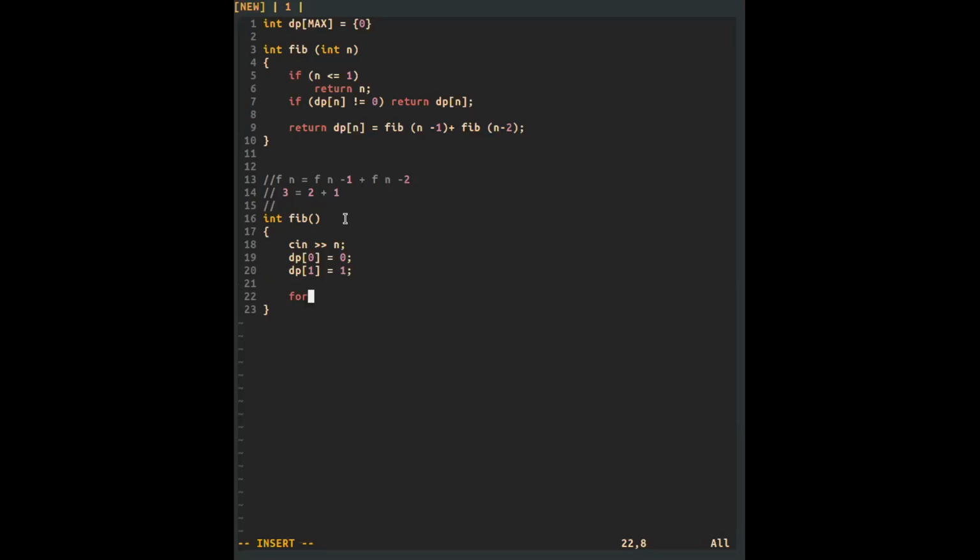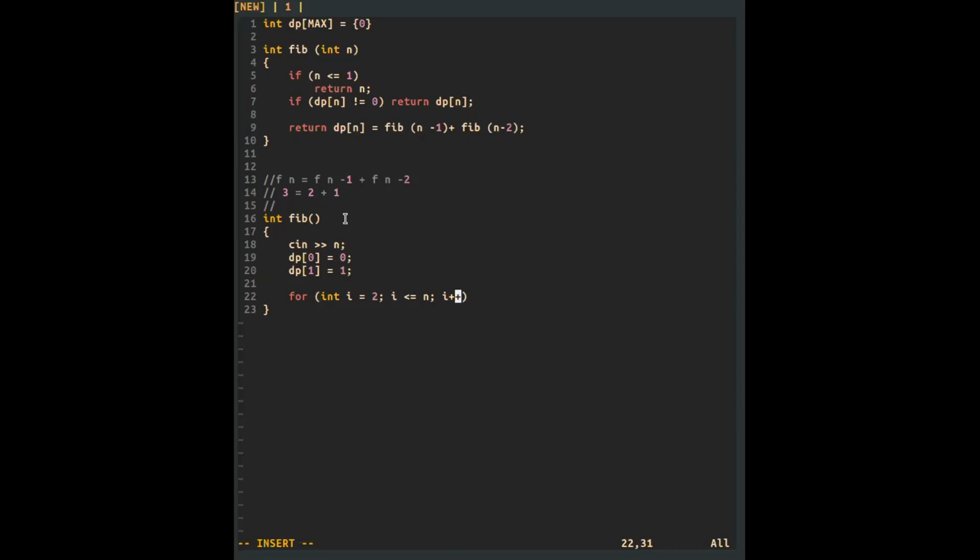If that makes sense. So now what you can do is I'll iterate from 2 to n. Since I have the first two base cases, I can always add them and get the next cases. So all I have to do is int i is equal to 2, i less than or equal to n, i plus plus.